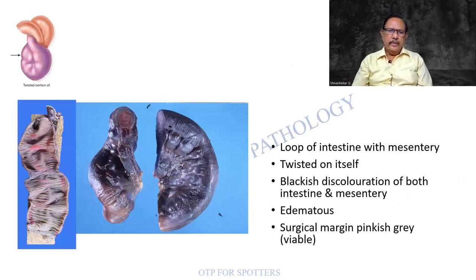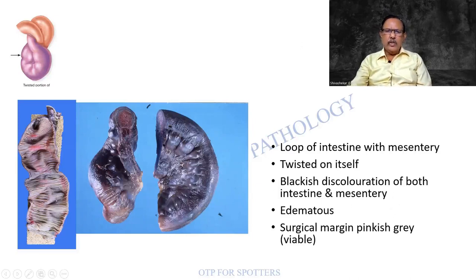Look at this. So there is an intestine, quite difficult because it is black in color. And what is happening over here is it is twisting upon itself. And this is a membrane that is connecting the loops called the mesentery. The specimen here has got a blackish discoloration.